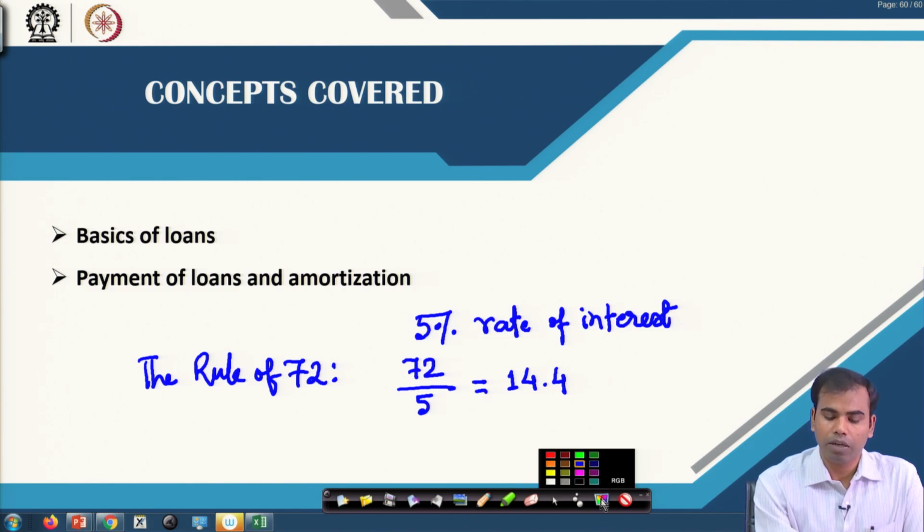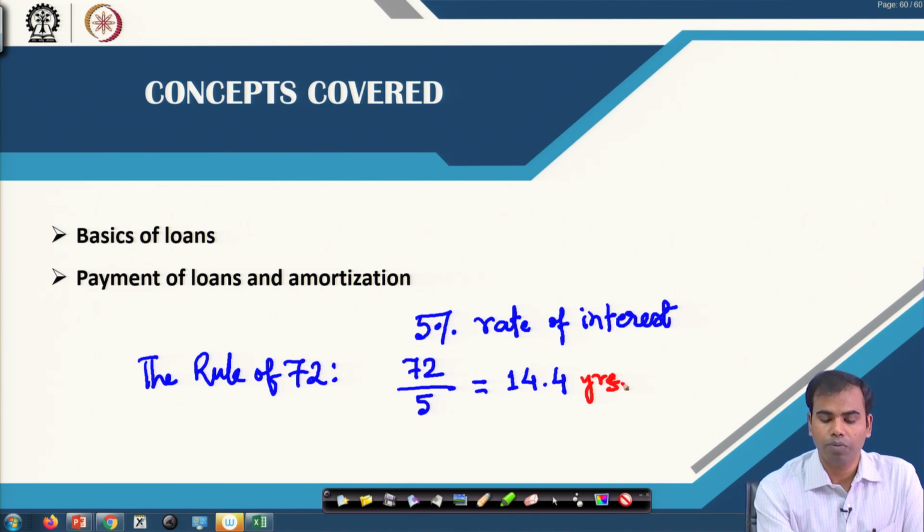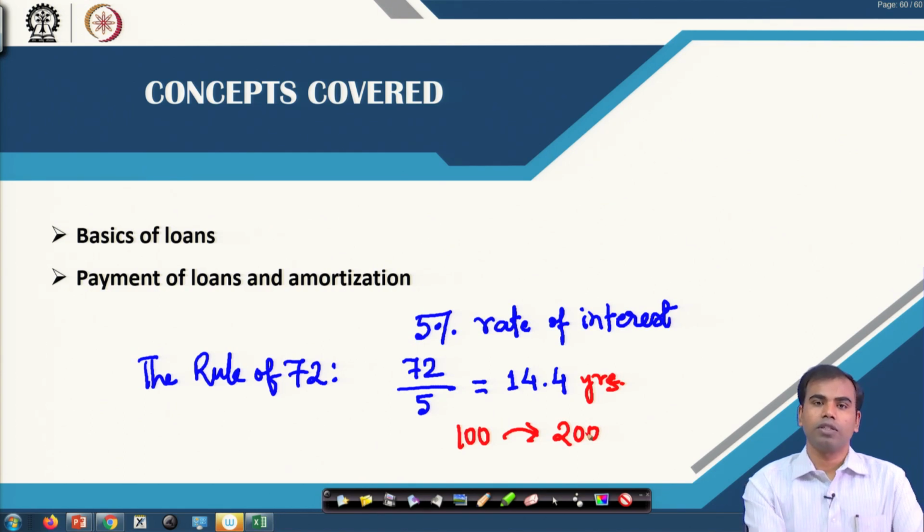So in a little more than 14 years, your money should grow into double the amount that you have invested. That is just one simple rule, based on certain assumptions, and it tells you the number of years it should take for your money to double.